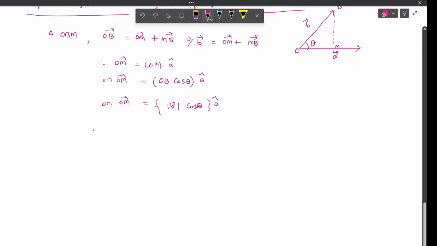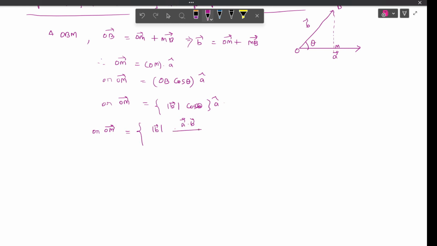So we can say OM vector is modulus of B vector into cos theta, which is A dot B by mod A mod B, into A cap. So mod B cancels out. It would be A dot B by modulus of A multiplied by A cap.